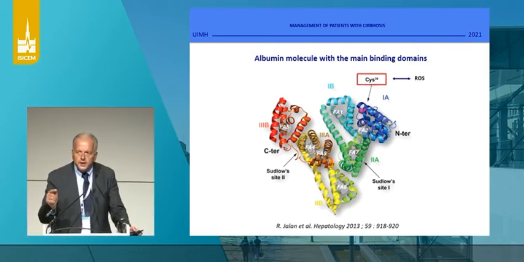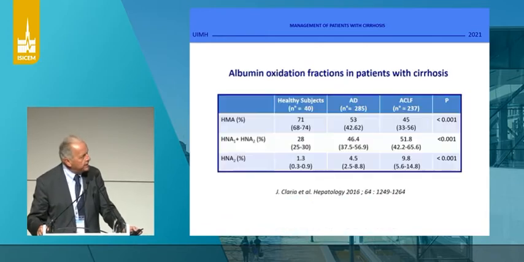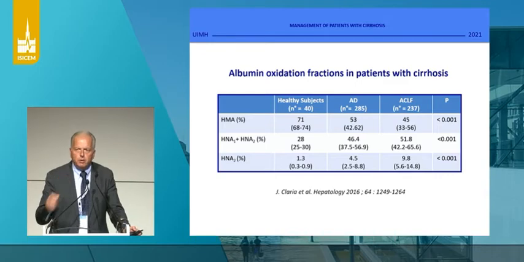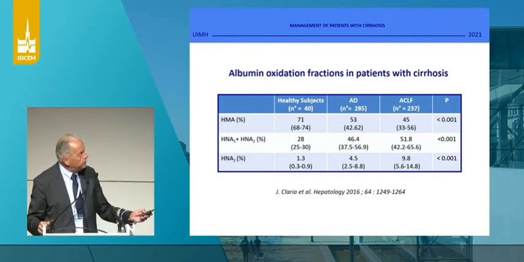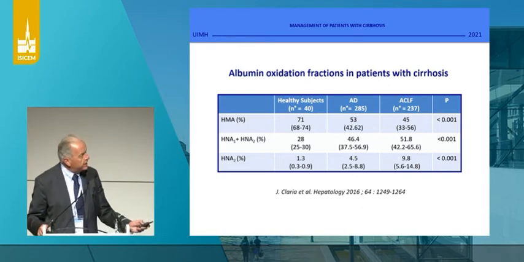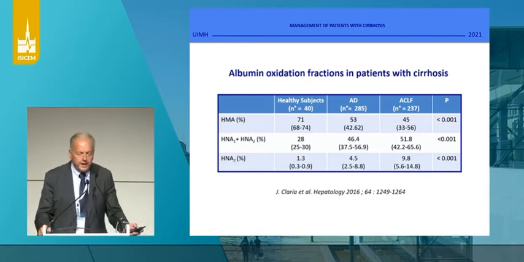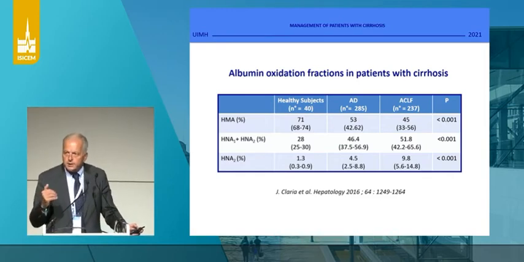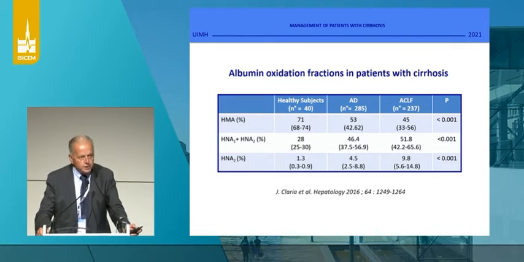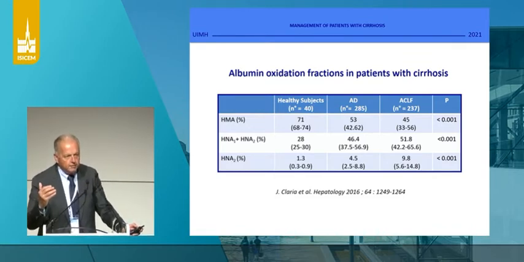In doing so, albumin is oxidized either in a reversible form, non-mercaptoalbumin 1, or in an irreversible form, non-mercaptoalbumin 2. And you can see that the sum of oxidized albumin is progressively increasing along the course of the liver disease. So a third potential driver is oxidative stress.